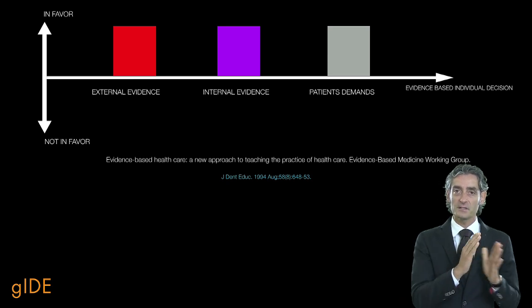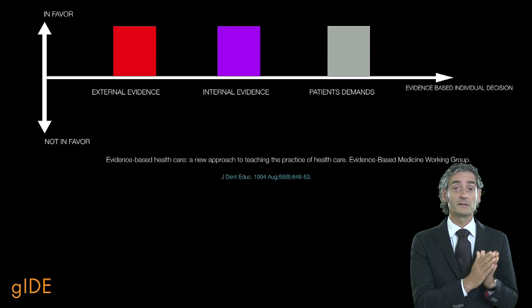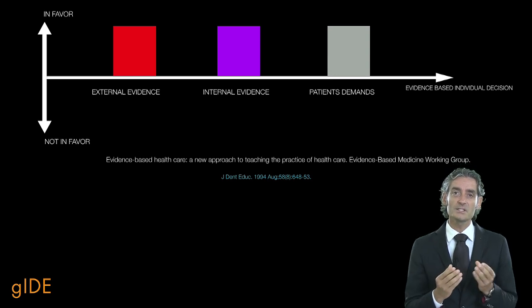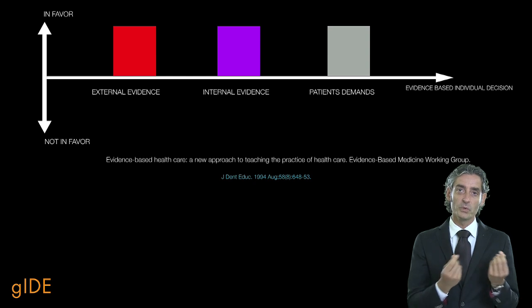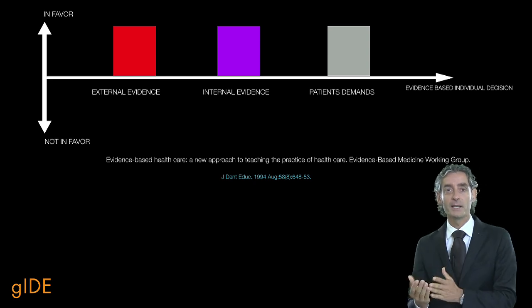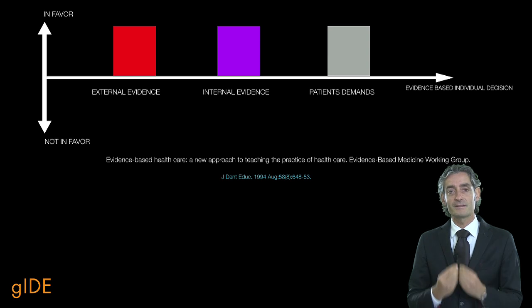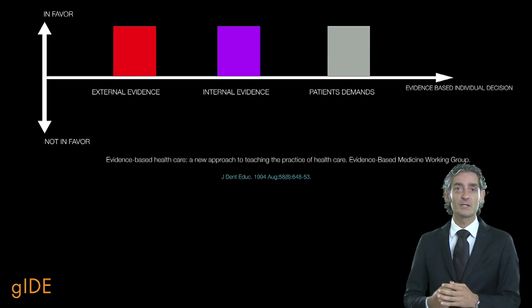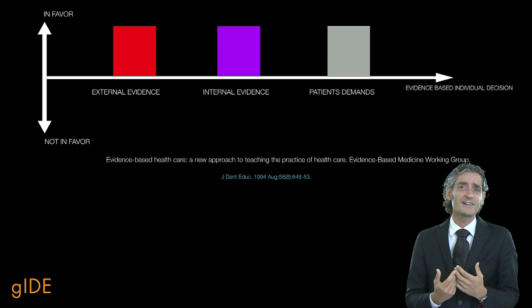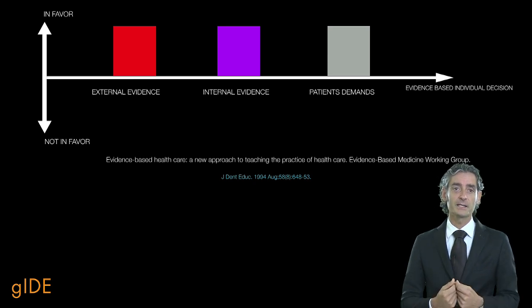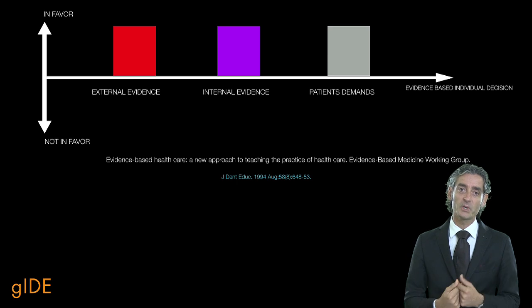We have different techniques that we can find in the literature, and internal evidence is what is working in our hands. With two techniques, probably we are much more prone to use one, and this is the internal evidence. And then for sure, what is really important is the wishes of the patient.